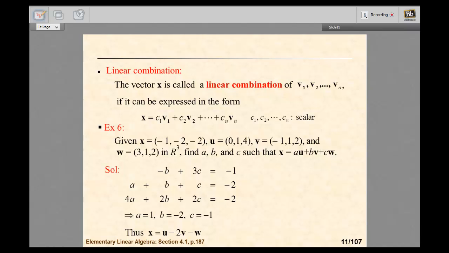Next one is linear combination. A vector x is called a linear combination of v1, v2, up to vn if it can be expressed in the form x is equal to c1 v1 plus c2 v2 plus up to cn vn. Then we say that it is a linear combination of these.